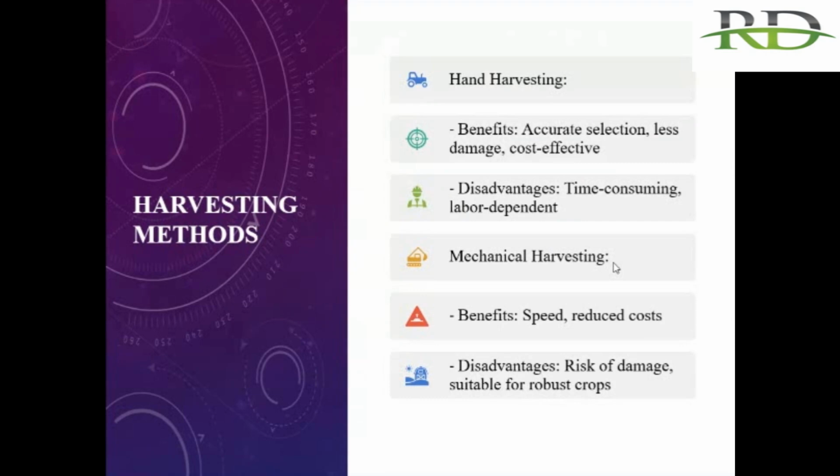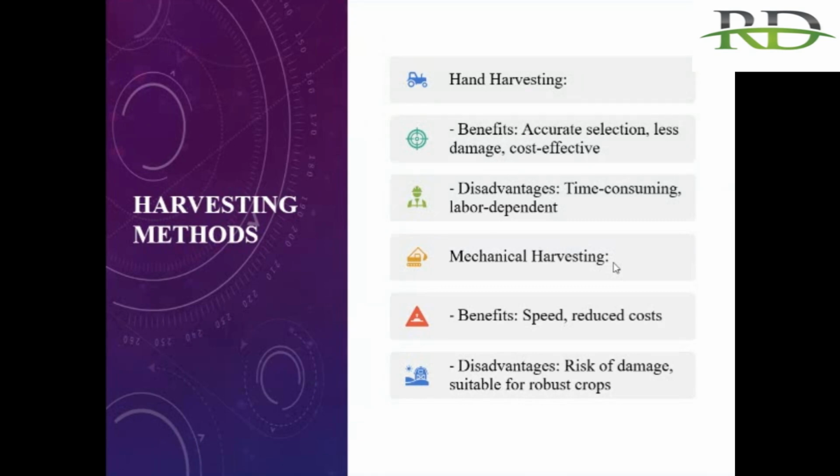It cannot be feasible in tomato because they are daily pickings. Brinjal is also daily picking. Okra is also daily picking. It increases the cost of cultivation, because if we do mechanical harvesting, on a daily basis we have to use that machine.